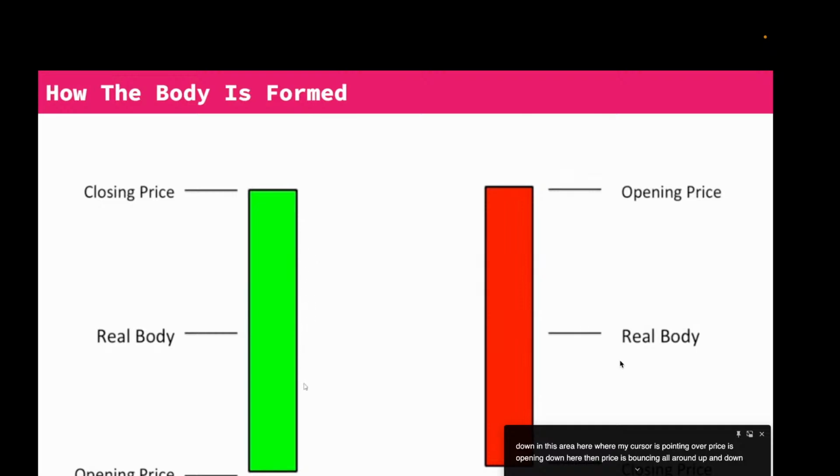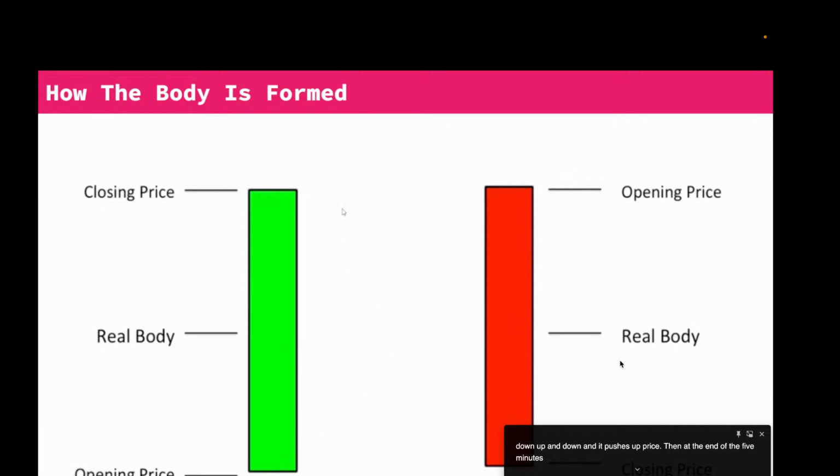Let's say we're looking at a 5 minute chart, so it would take 5 minutes to form this candle. Price is moving up and down, and it pushes up. Then at the end of the 5 minutes, price closes up here. This forms a bullish candle. Price started at a lower price and closes at a higher price. That is how the real body forms.